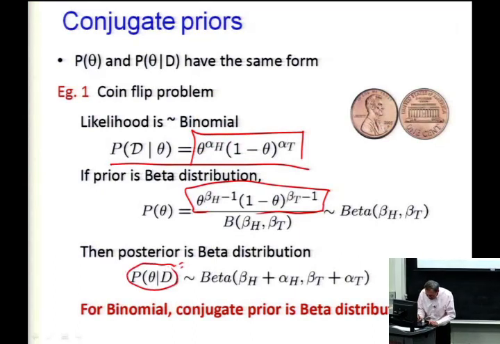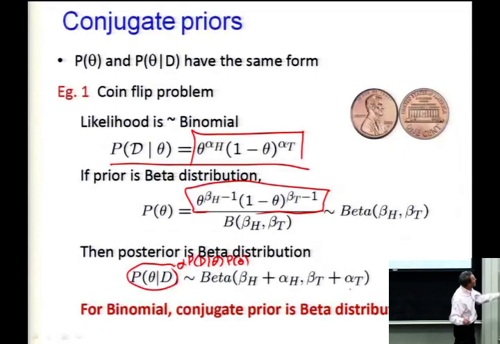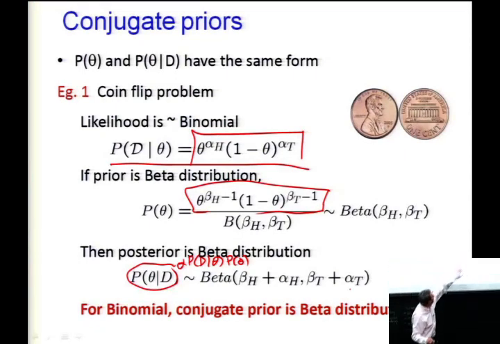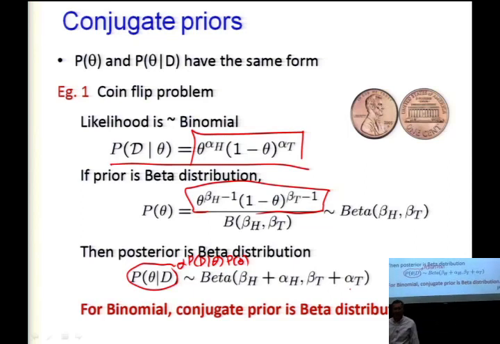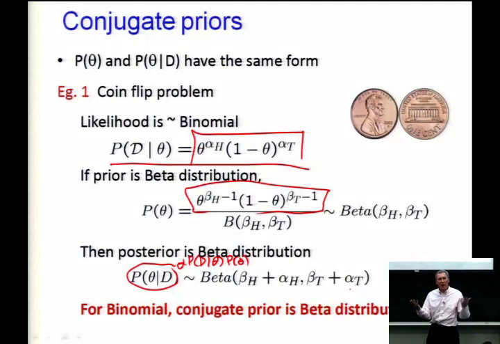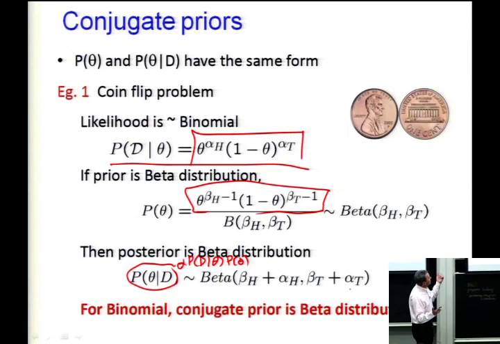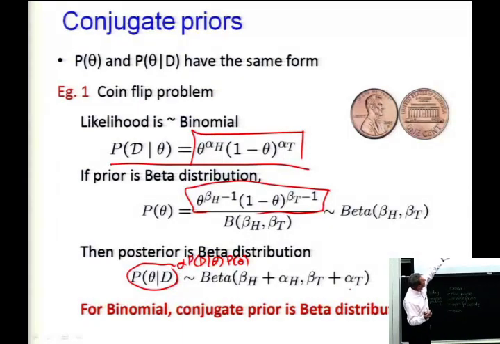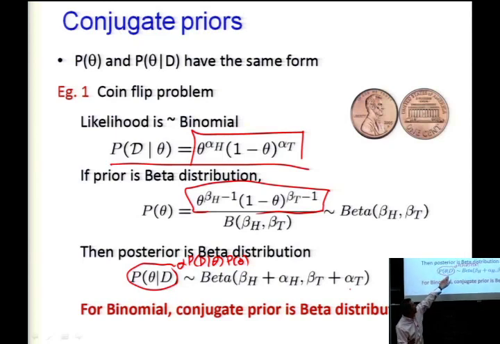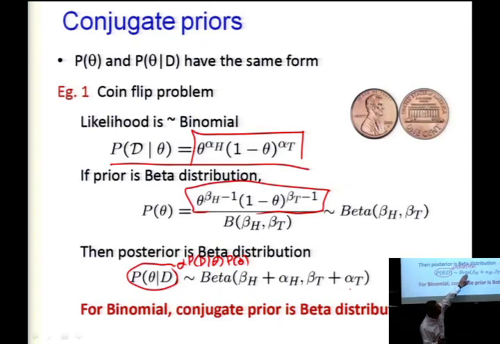In fact, the posterior distribution, which is proportional to the product of those two distributions, is itself a beta distribution, whose parameters are now our original betas from the priors plus the observed alphas for heads and tails. So a conjugate prior means a prior whose functional form is chosen so that once we fold in the data, the posterior distribution on theta given the data is also the same form, in this case beta, as the prior was.